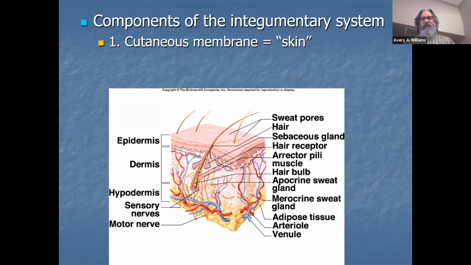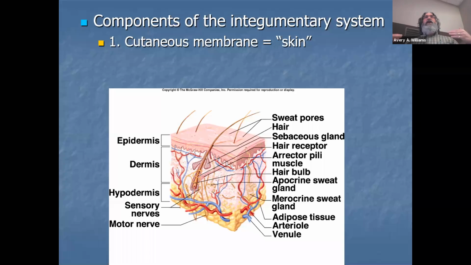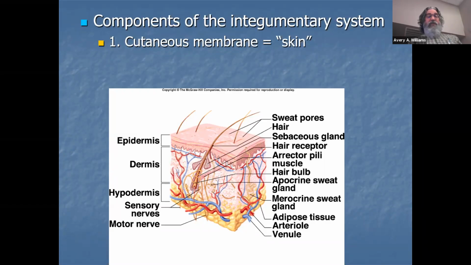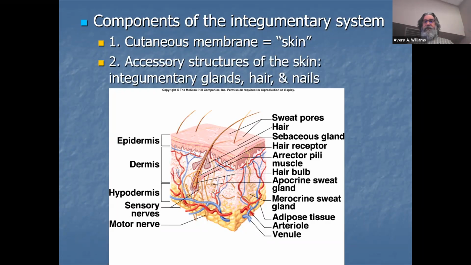As far as the anatomy goes, there are two main parts of the integumentary system. First, the skin. The skin is actually the membrane, the cutaneous membrane. Cutaneum or cutaneous just means skin. The words are interchangeable. And so the main part of the integumentary system is the cutaneum, or your cutaneous membrane.